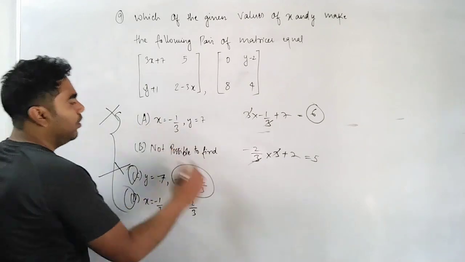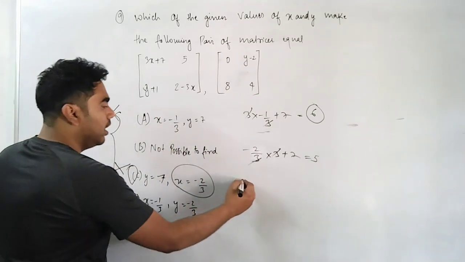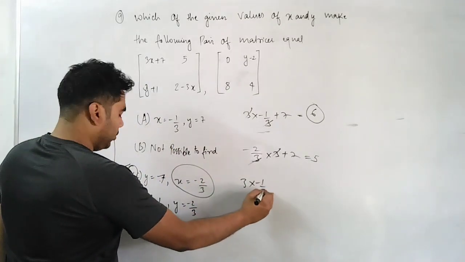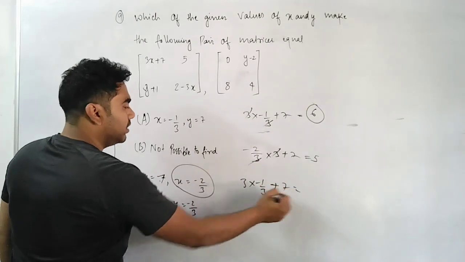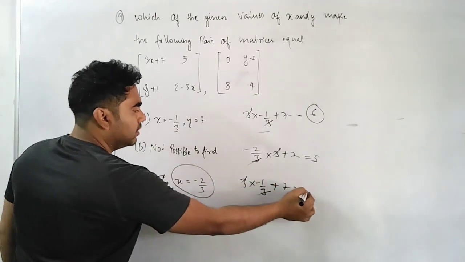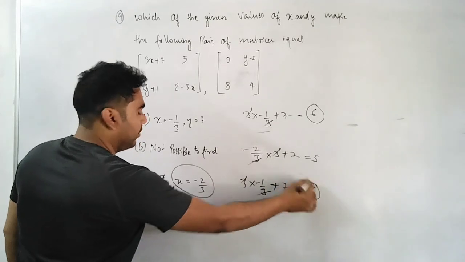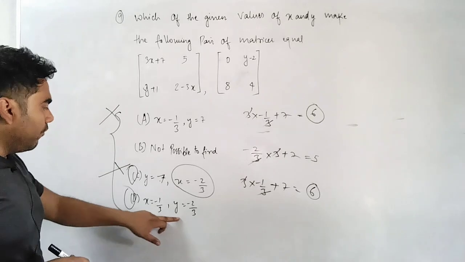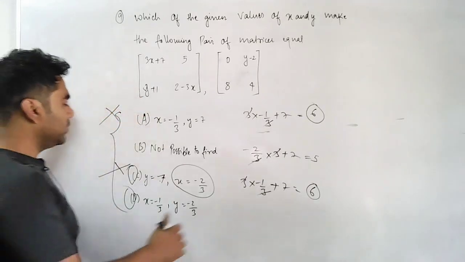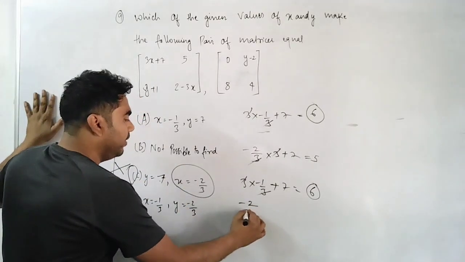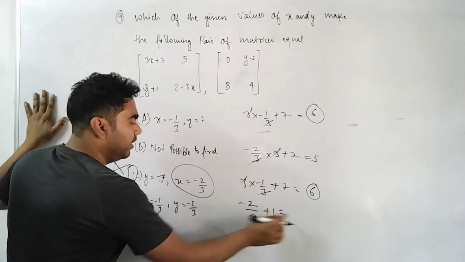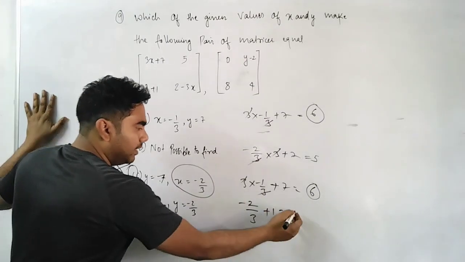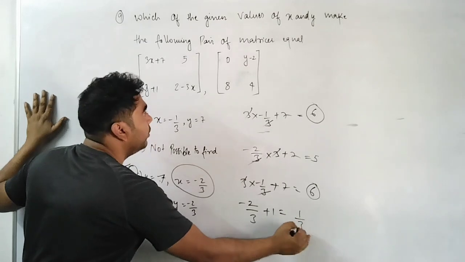Here 3 into minus 1 upon 3 plus 7, the 3 cancels, 6, obviously 6 as we got in option A. Now for y plus 1, here we put y as minus 2 upon 3 plus 1, we get 1 upon 3.